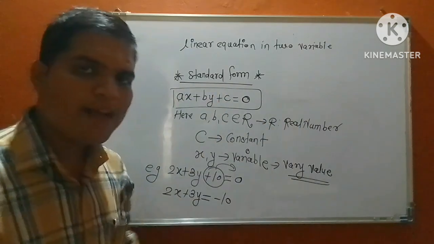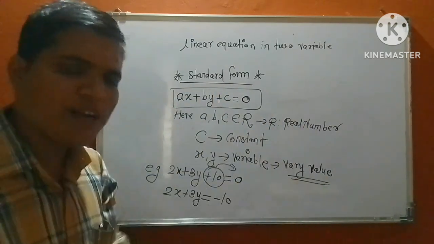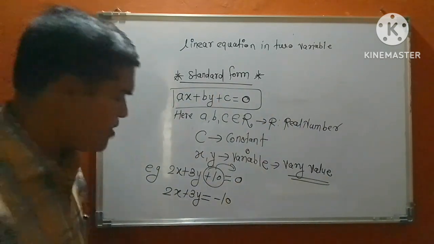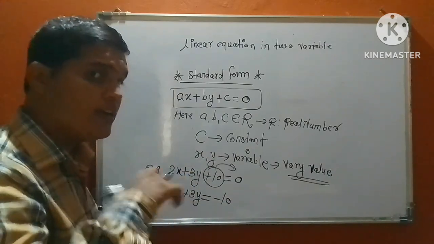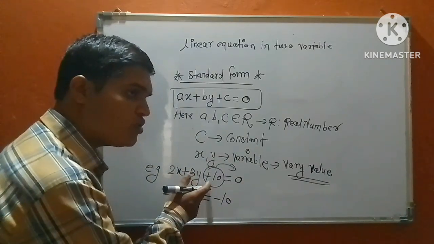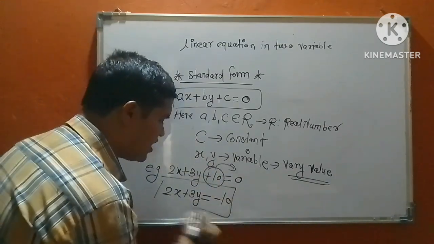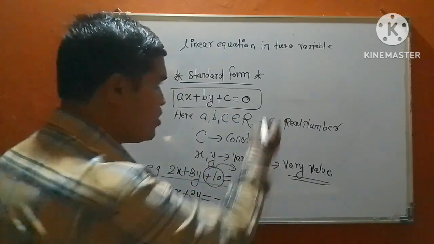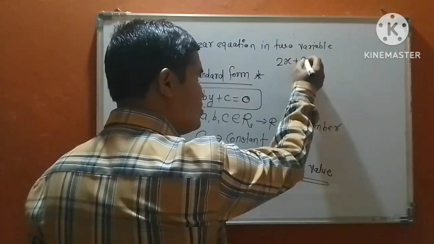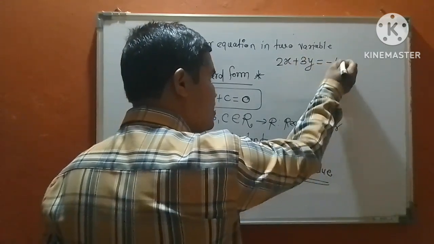So plus 10 goes to this side, so 2x plus 3y is equal to minus 10. During some basic mathematical operations on this equation, 2x plus 3y is equal to minus 10. This is the equation.